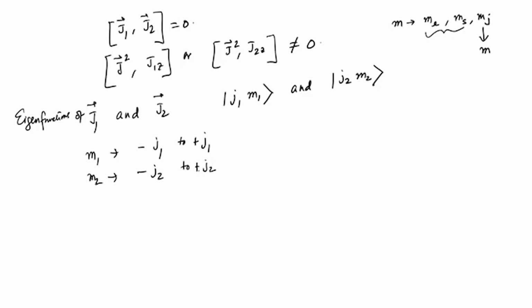So, it is like minus J1, minus J1 plus 1, minus J1 plus 2, and all the way to 0, and then all the way to plus J1, going down by 1 each time. Okay. So, these are the values for M1, and similarly you will have values for M2.